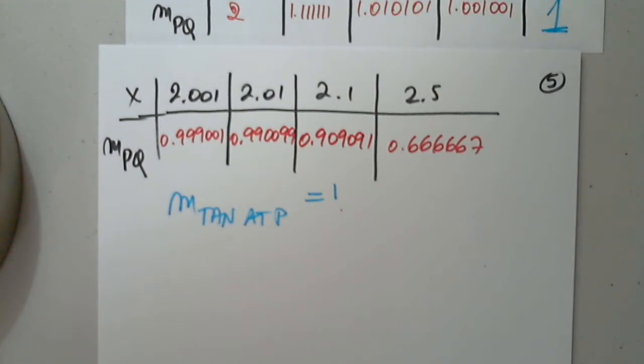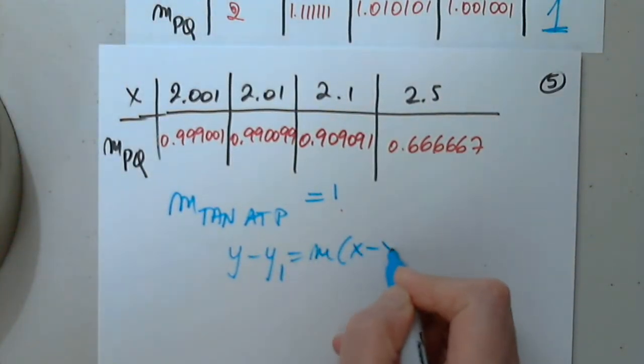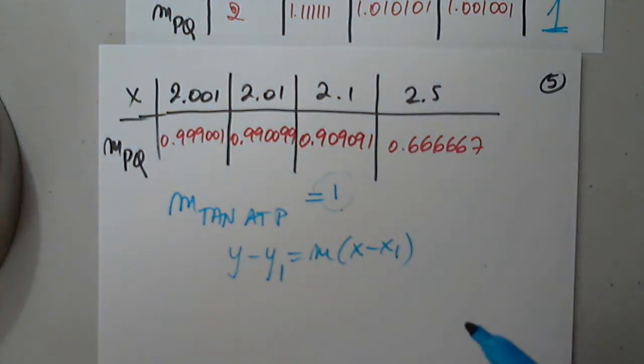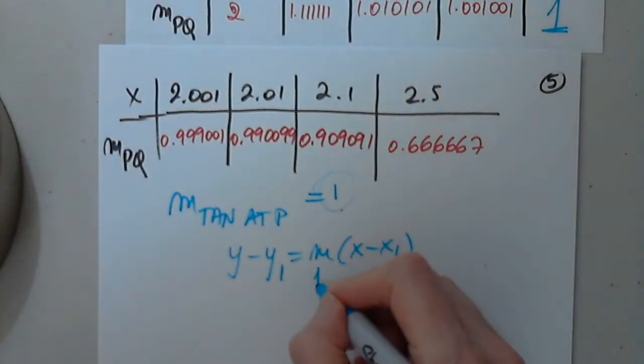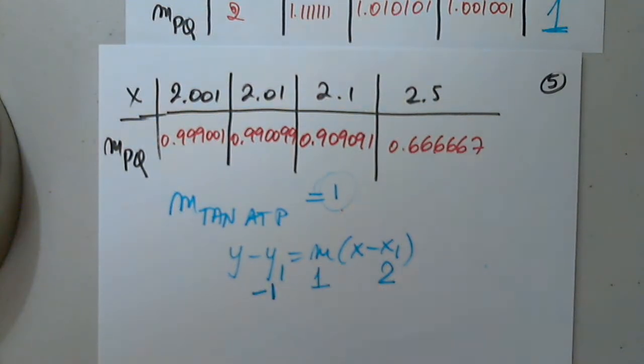And knowing that the slope is 1, I have y minus y1 equals the slope times x minus x1. And as I mentioned, that's a big deal. The slope of the tangent is a big deal, and the equation of the tangent is a big deal, where the slope is 1 and the given point is (2, negative 1).